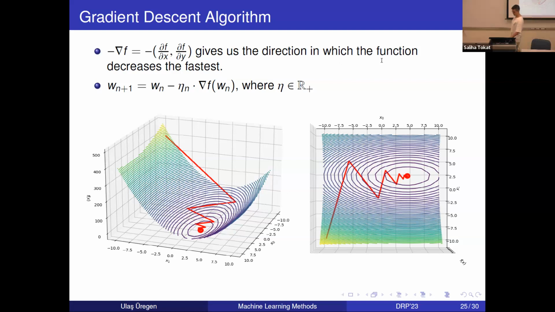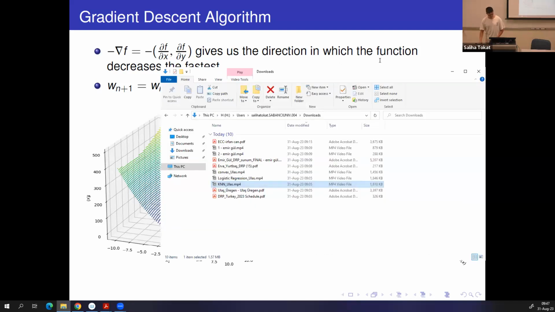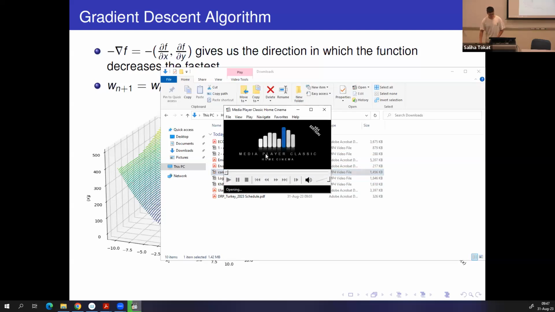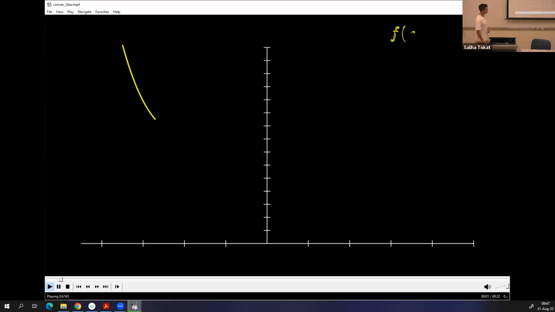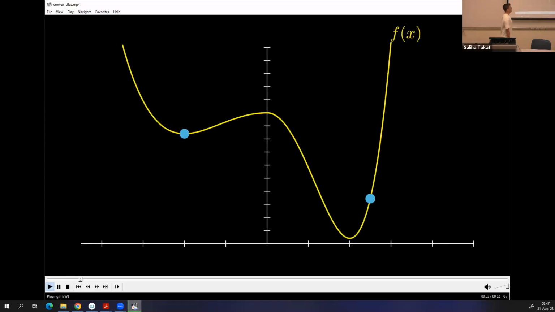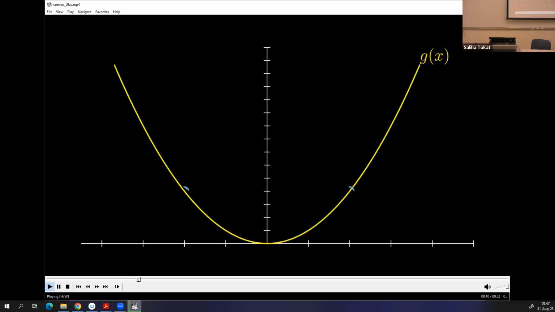So we have an animation again. This is an example of a non-convex function since it consists of 2 valleys and 1 hill. And we have a convex function example.